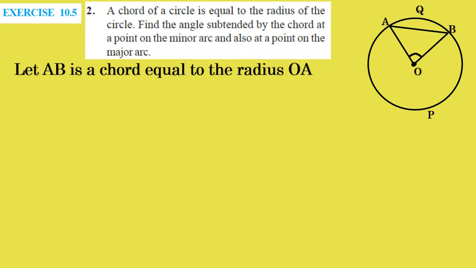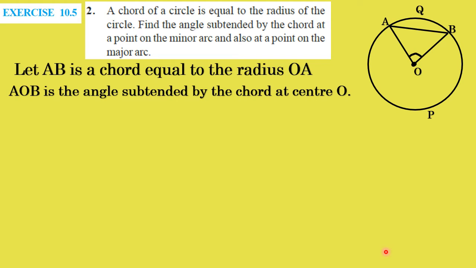Now what do we have to find? The angle subtended by the chord at a point on the minor arc and at a point on the major arc. That means we need to find APB and AQB. That is what we have to find.